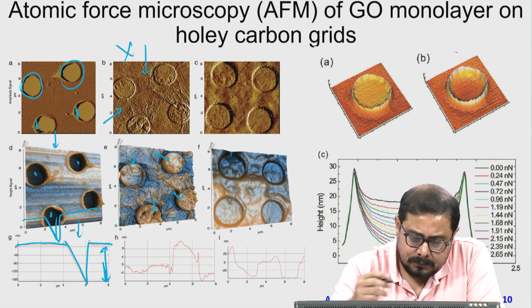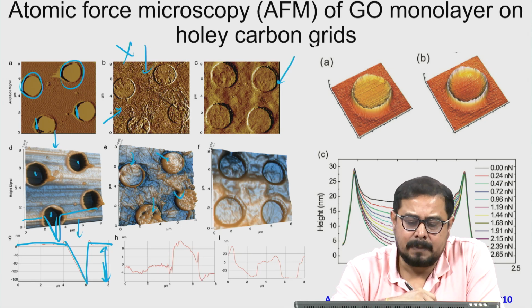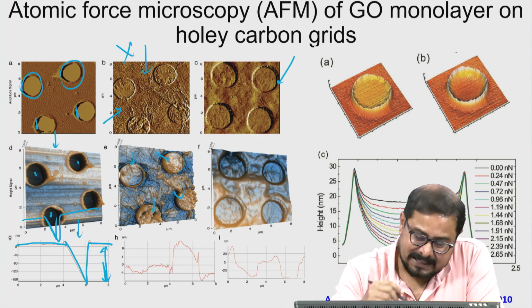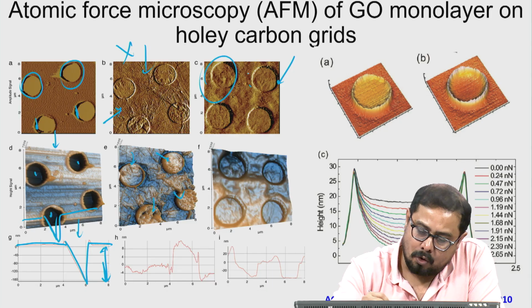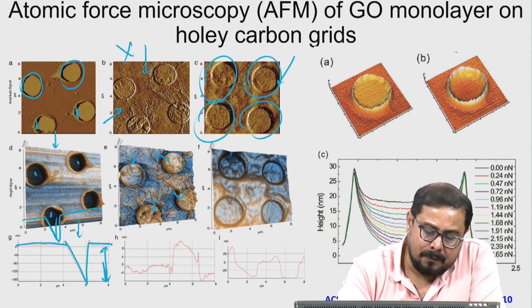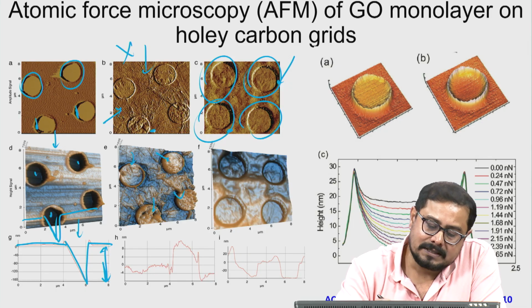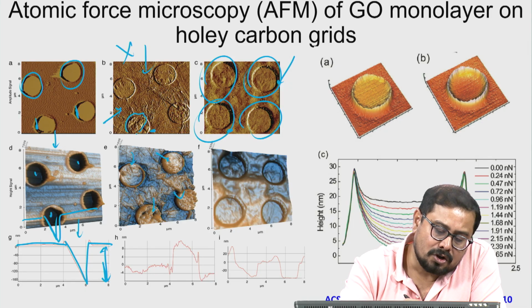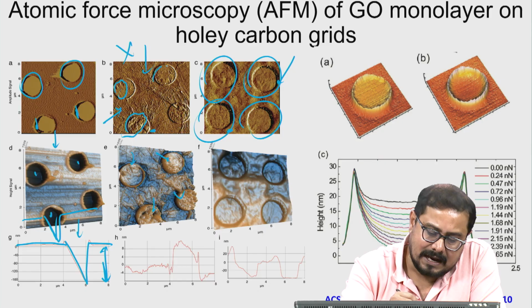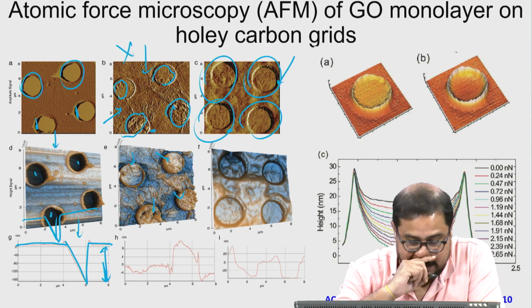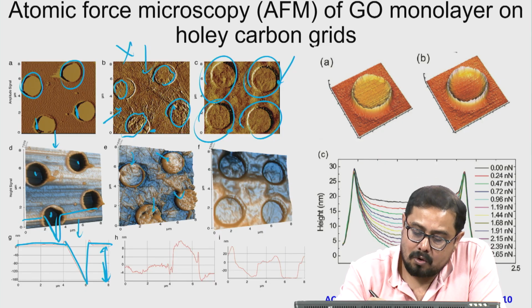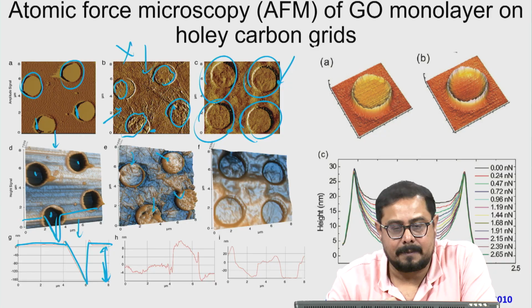Now, if you pay attention to this particular hole, these are the individual holes and they are coated. If you pay attention to this hole and this hole, you can see the differences here. Lots of multilayers are formed here, but here most of the holes are coated with a uniform graphene oxide.